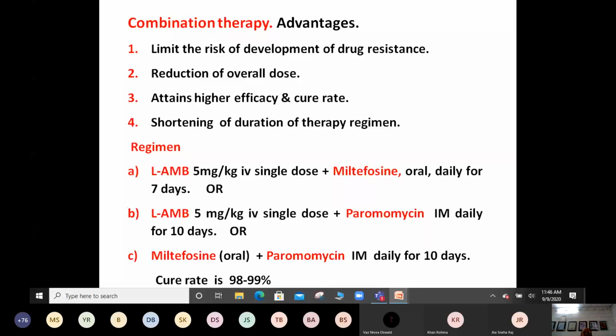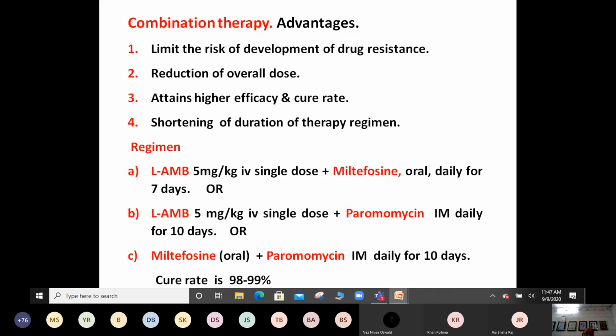They will limit the risk of development of drug resistance. You can avoid emergence of drug resistance. Then reduction of overall dose, because you are using more than one drug and they are synergistic in action. As a result, the overall dose of each drug can be reduced.